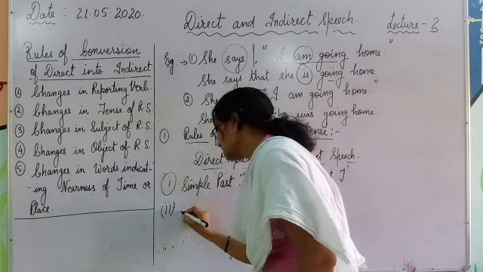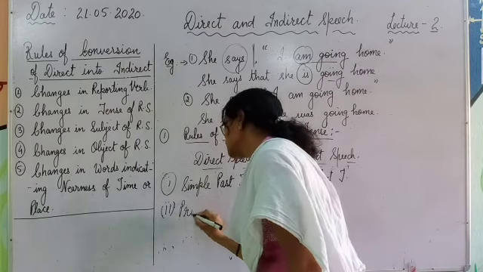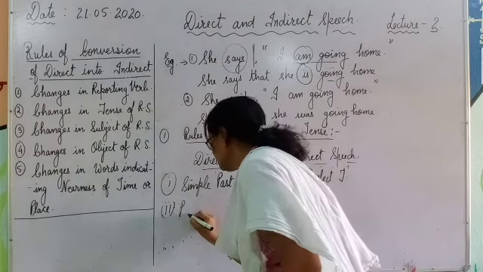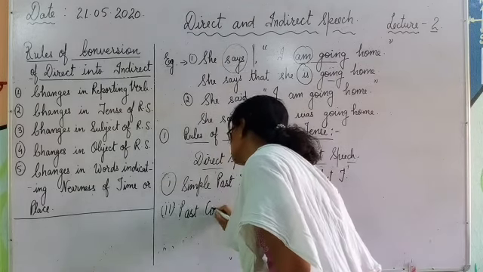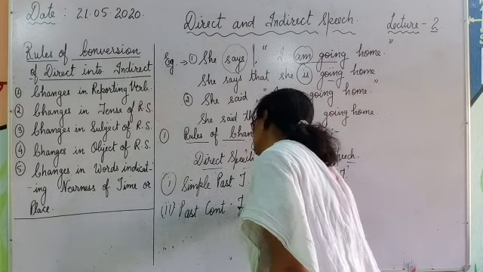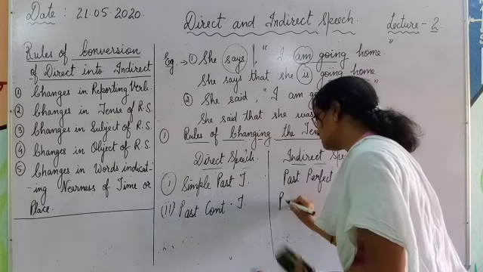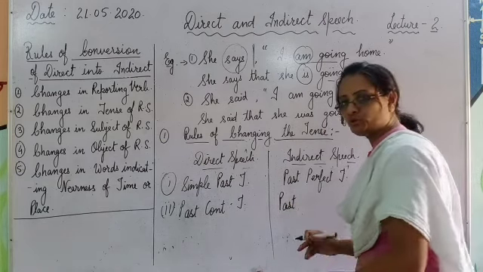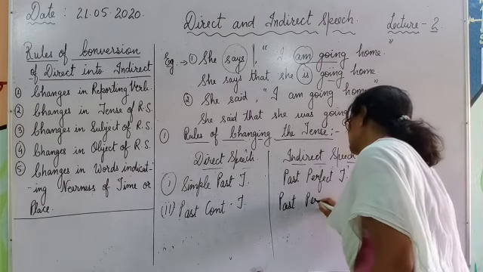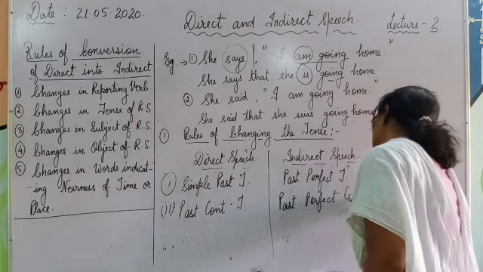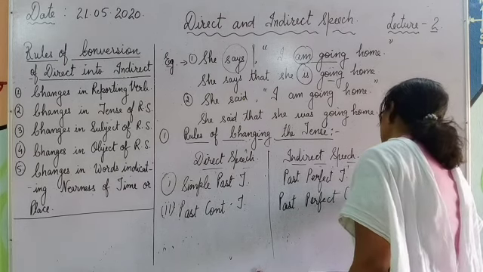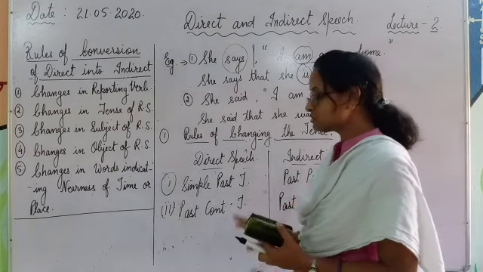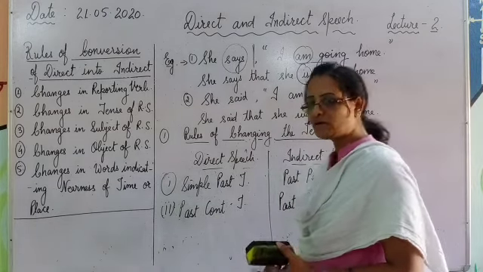Now second, if the tense is past continuous, it will change into again the alternate: leave one, leave the past perfect and change it into the last one, past perfect continuous. So these were the rules of changing present and past tense.